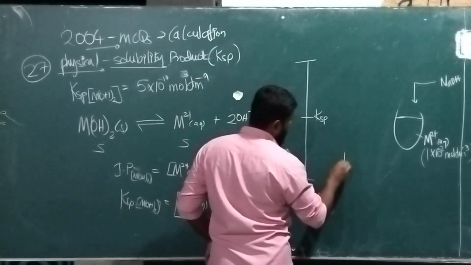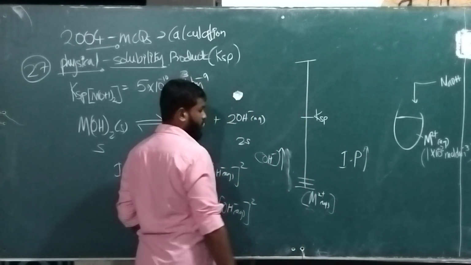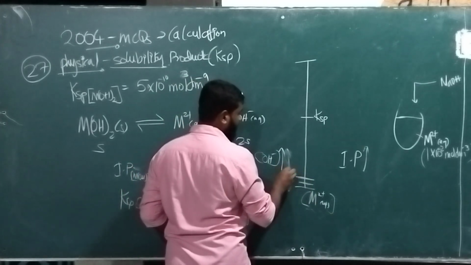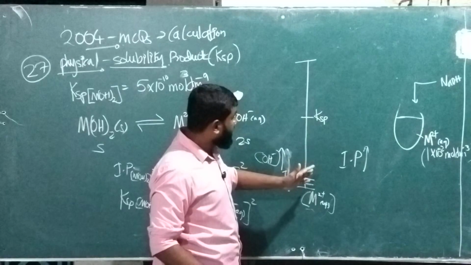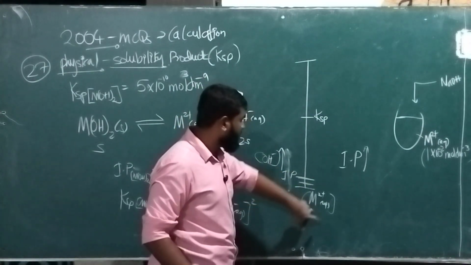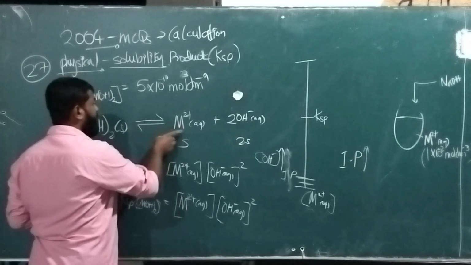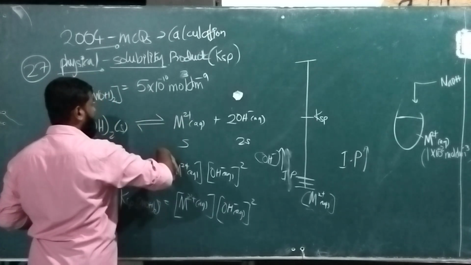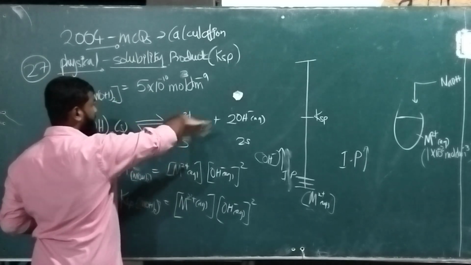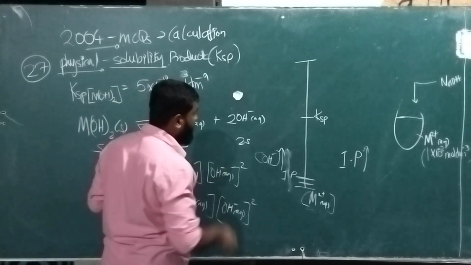As a result, the ion product will increase. Let's say my IP is right now here. Did the precipitate start? No, still not, because M2 plus is also there, MOH is also there. There's going to be a partial reaction over here. So there will be a forward reaction and a reverse reaction, so all these will be under equilibrium.